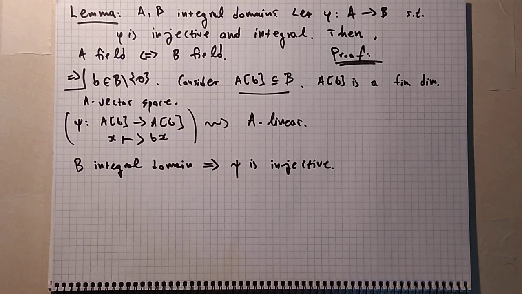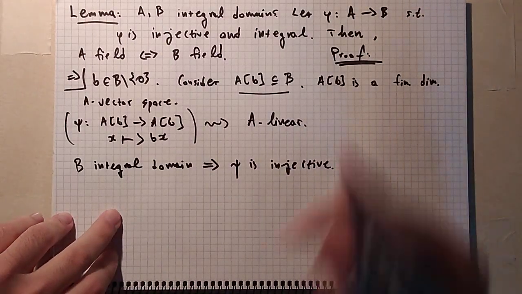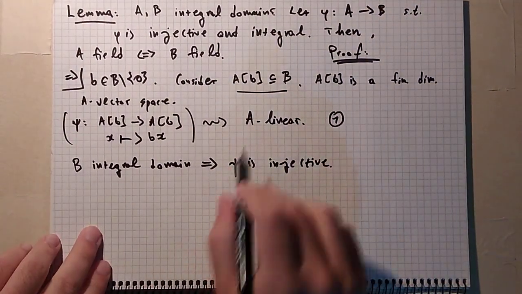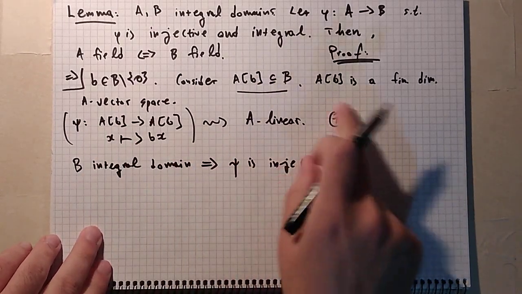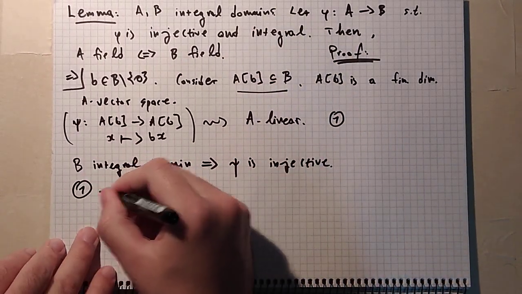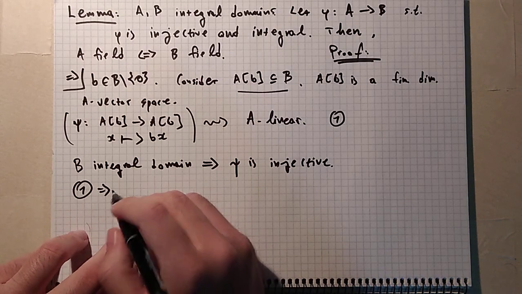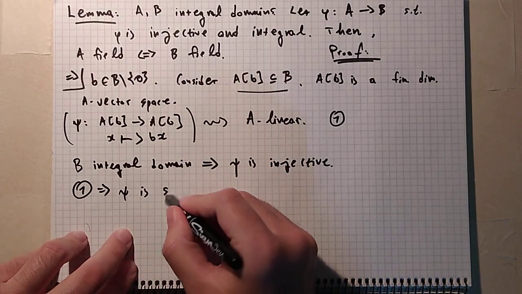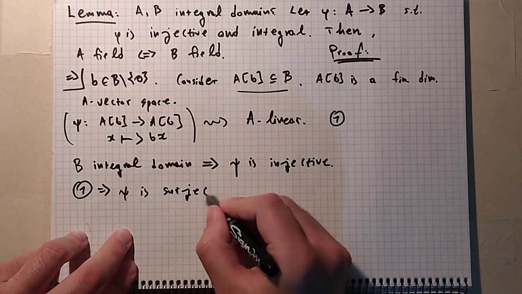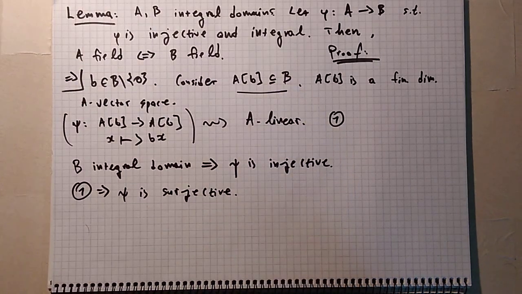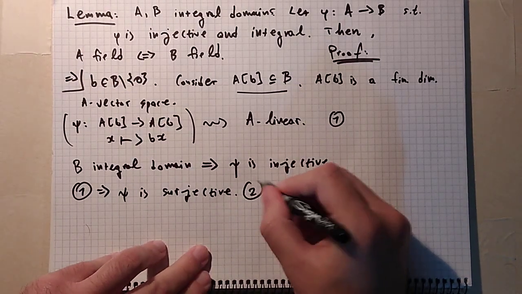But now, since these things are A-vector spaces, being injective implies that it's also surjective. In fact, this is an isomorphism of A-vector spaces, right? So if I call the fact that this map is A-linear relation 1, then relation 1 simply implies that psi is surjective, right? Let's call this relation 2.